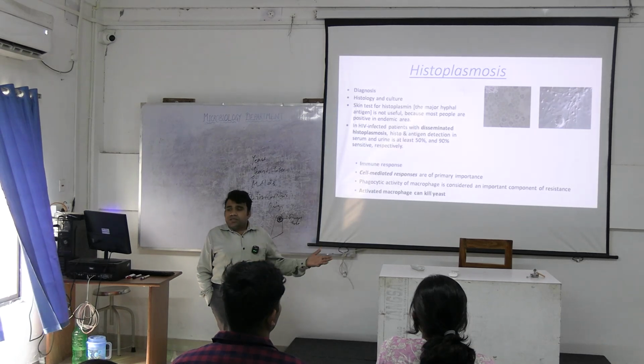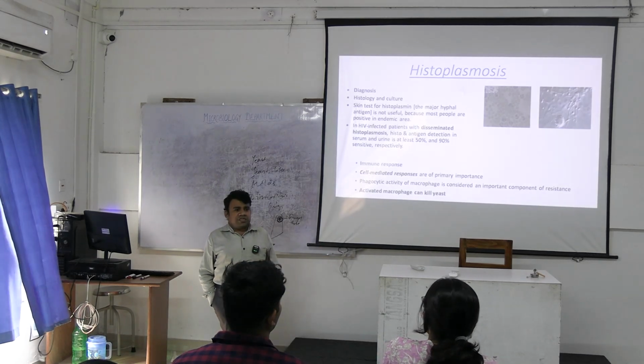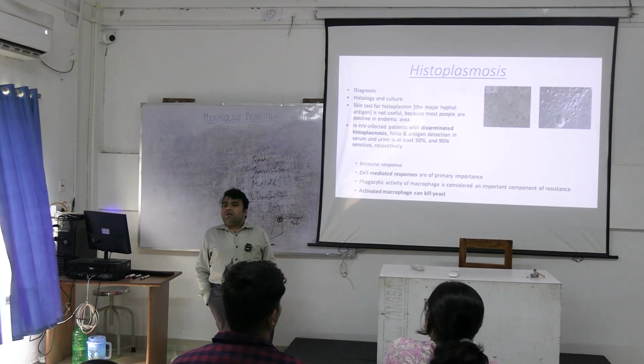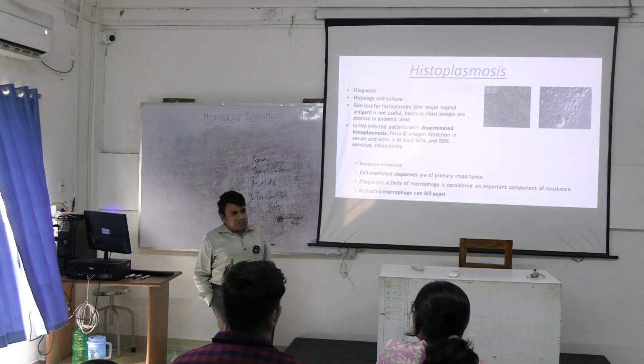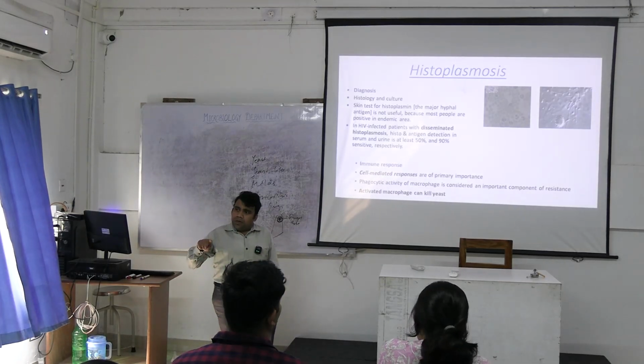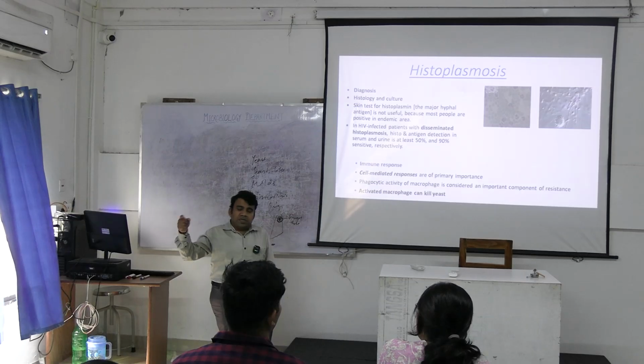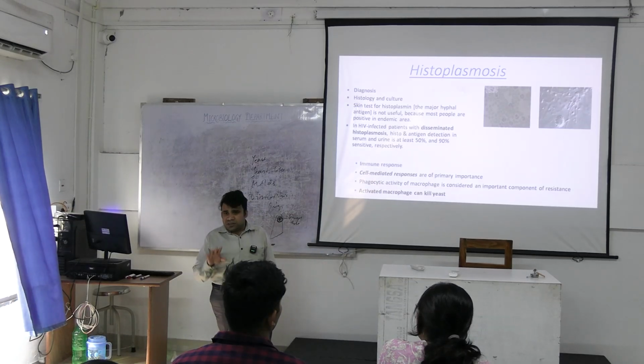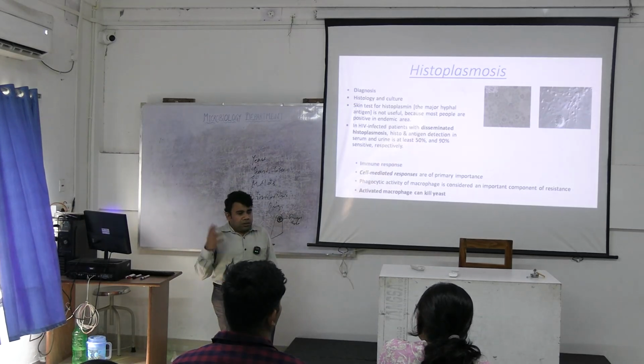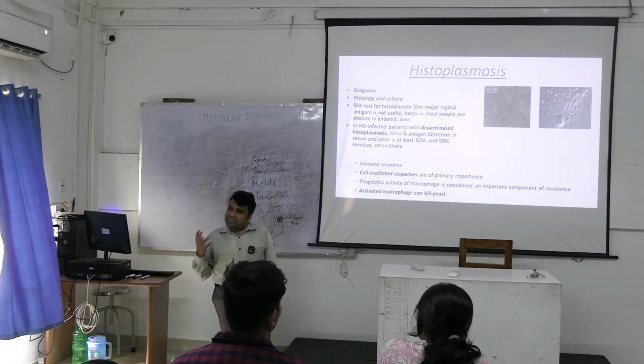We can go for GMS staining or even H&E staining, whatever the staining method, the predominant observation would be yeast. And when we inoculate the clinical sample on culture media and incubate at 37 degrees centigrade, on the culture plate also we will obtain yeast.